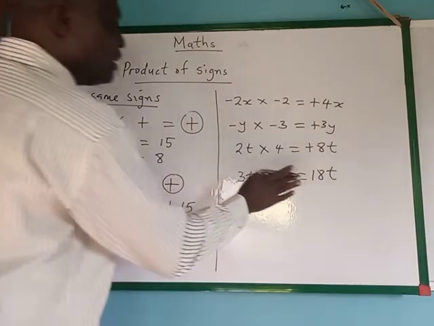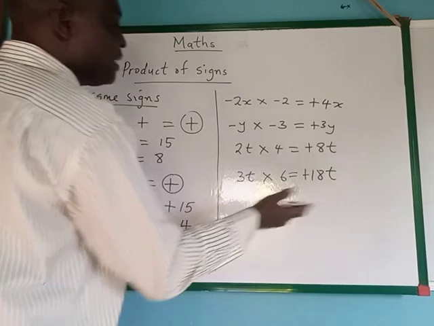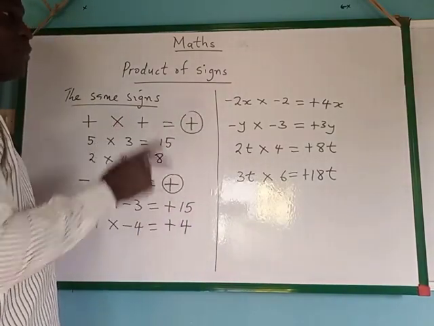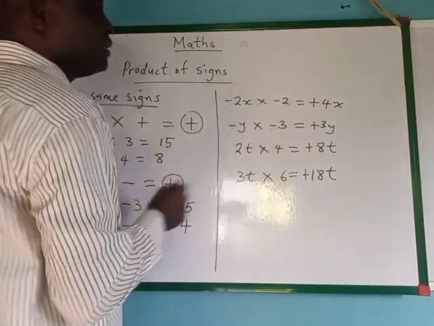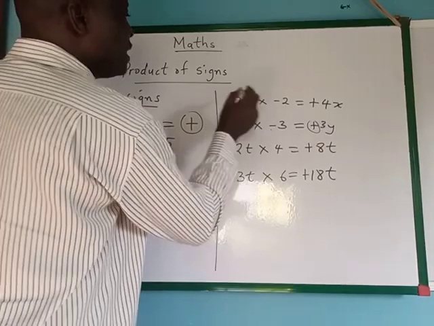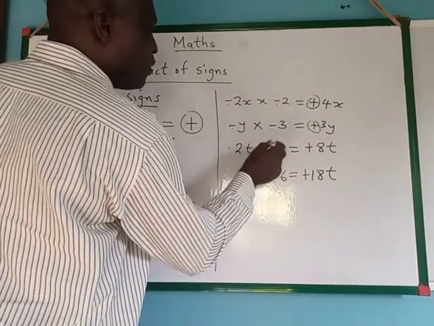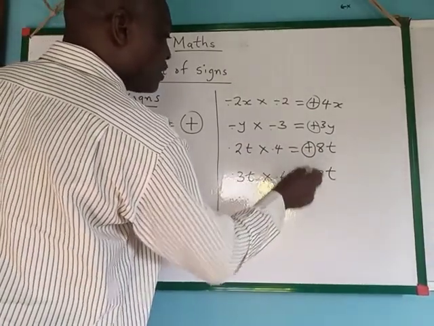So let me put the sign. I told you, if you put the sign on, it doesn't really matter if it has to do with positive. But if it is negative, you must put the sign. So you see, the same signs become positive.